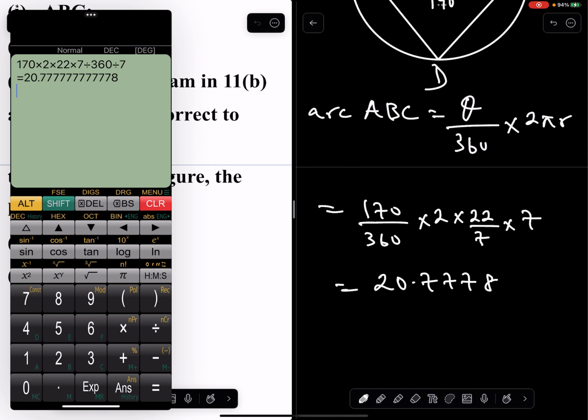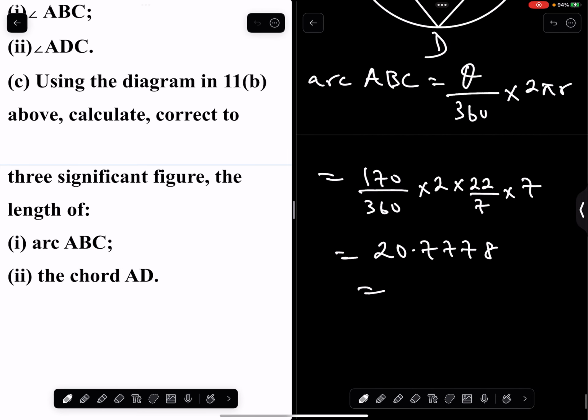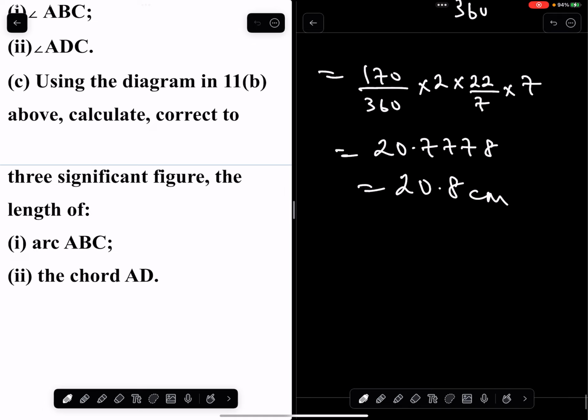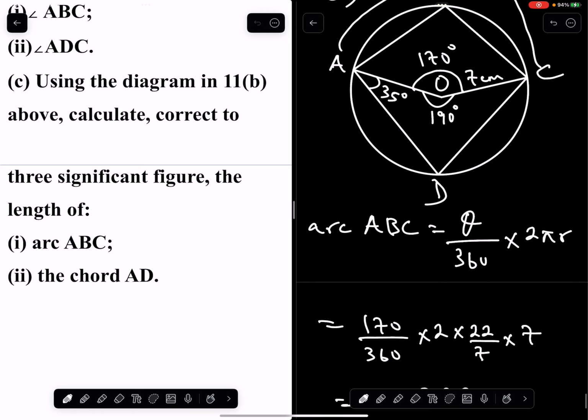They said we should find that length correct to 3 significant figures, and that's simply 20.8 centimeters.